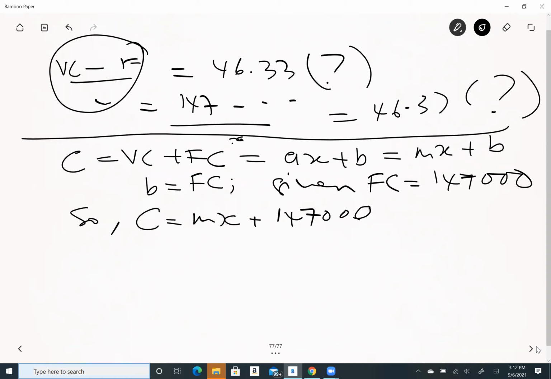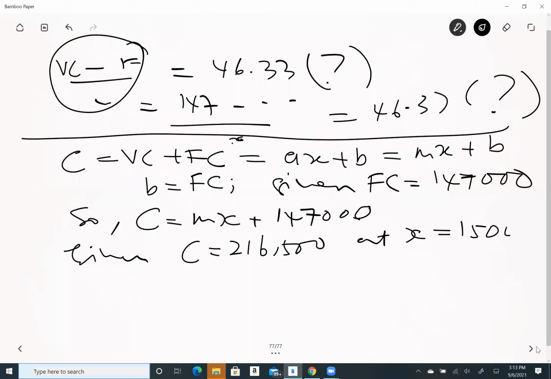So that is 1 point. Second point, we are also given what? You are given cost is equal to 216,500 at X equal to 1500.